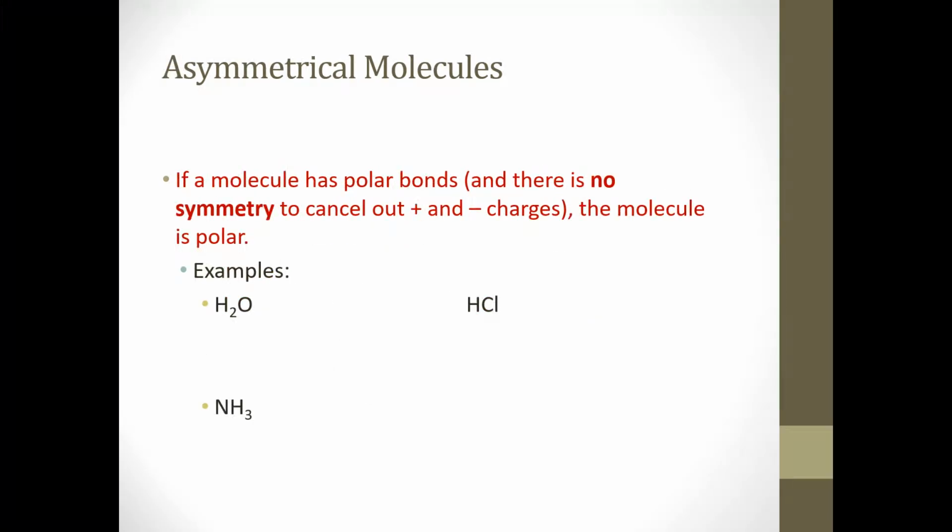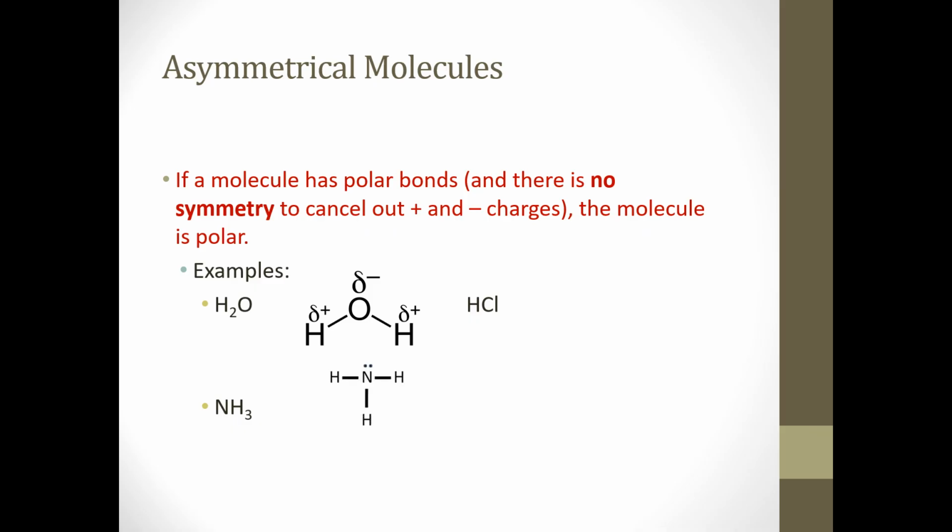What about asymmetry? Well, we've seen all these before. Water. Water's polar. Why? Because water has polar bonds. The hydrogen and oxygen bonds are both polar, and the molecule is not symmetrical in 3D space. They do not cancel each other out.